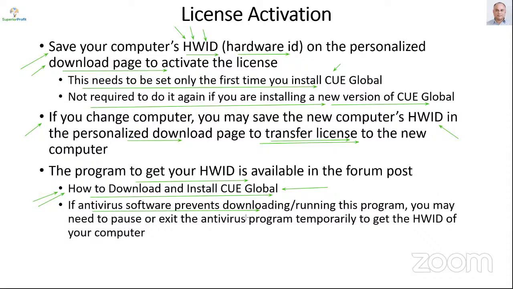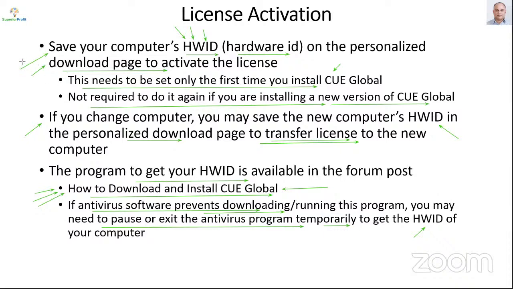If you get an alert from your antivirus program that this is not a safe program, that is because it is not a usual program and it is accessing some hardware ID, that's all. You may need to pause or exit the antivirus program temporarily just to download the program to get the hardware ID and save it. Once you save it, you may activate the antivirus program again.